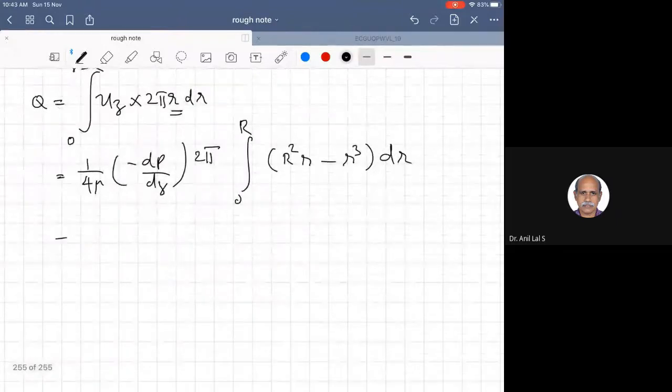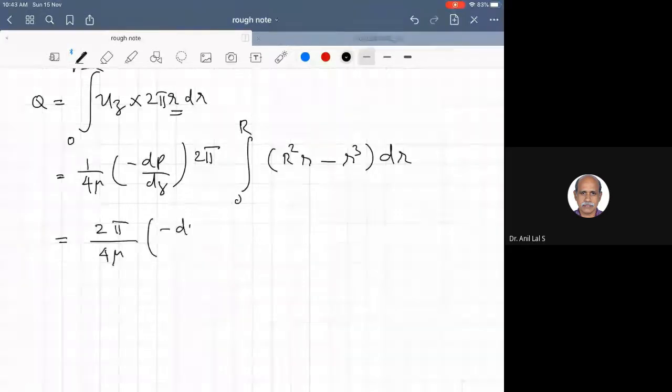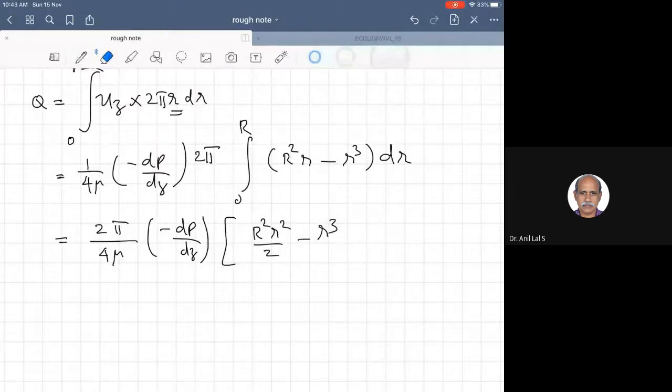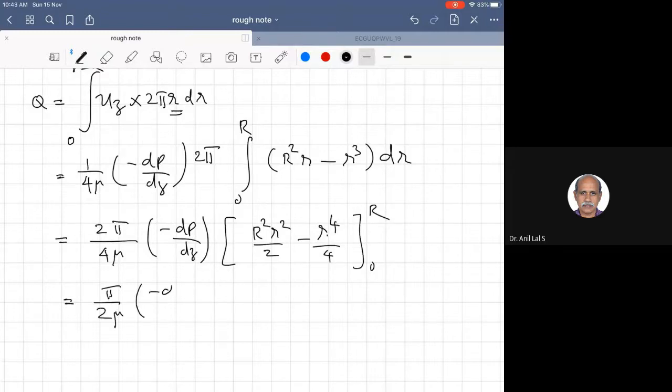So 2π/(4μ) times minus dp/dz, and this integration is R squared r squared by 2 minus r to the power 4 by 4, from 0 to R. It becomes π/(2μ) times minus dp/dz, and this is R squared into R squared by 2 minus R to the power 4 by 4.